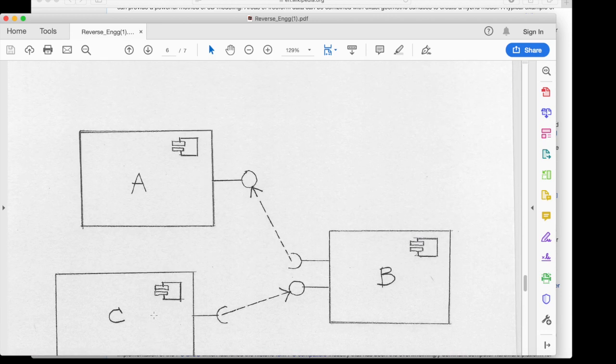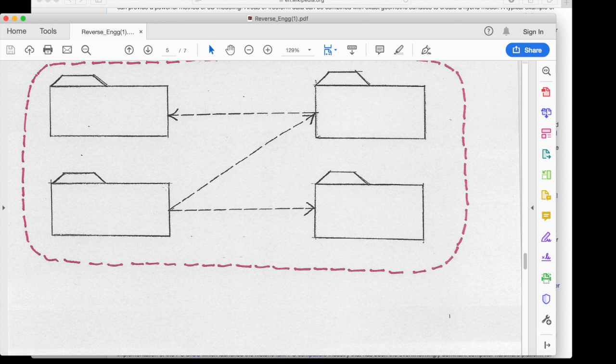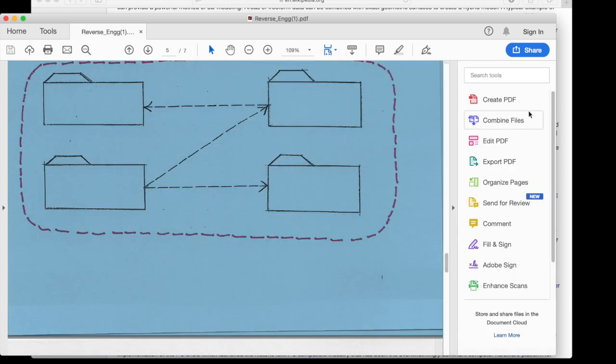And then finally, the lower package needs service from this right package here. Okay.